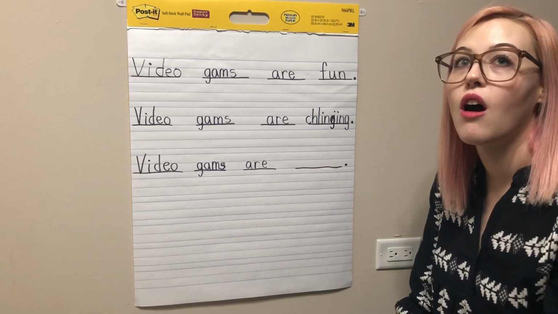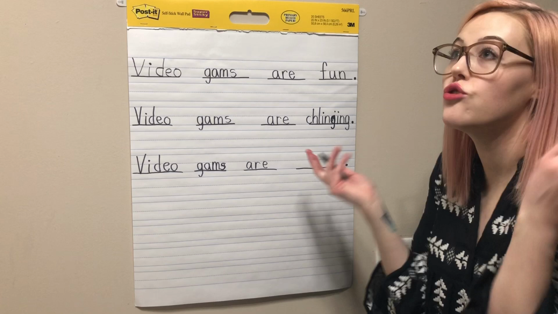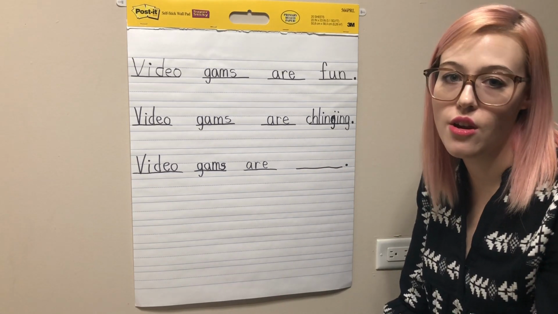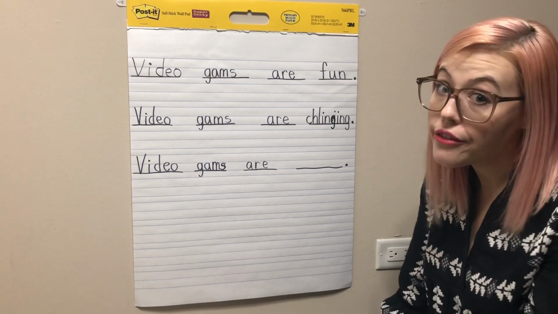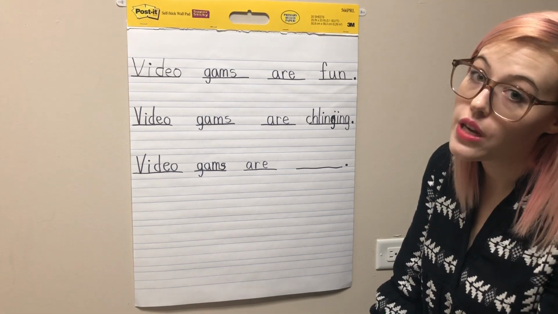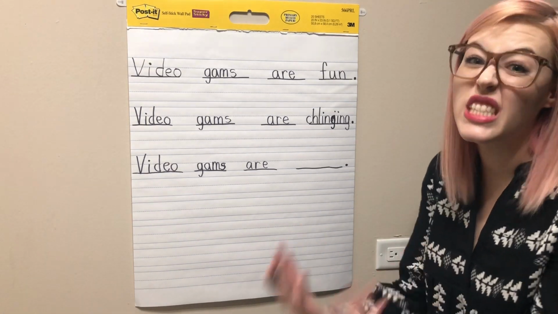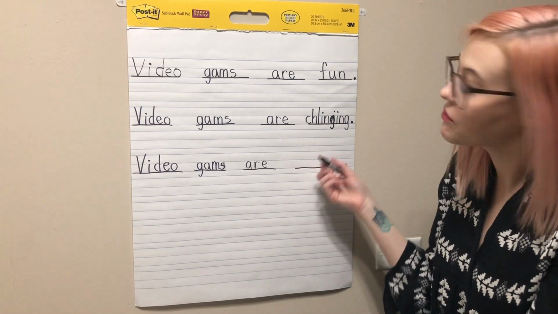Video games are different, because there's so many different kinds of video games. There's puzzle video games, there's Super Mario video games, and there's driving video games, there's princess video games. There's so many different ones. They're all different. That's going to be another challenging word to stretch out.